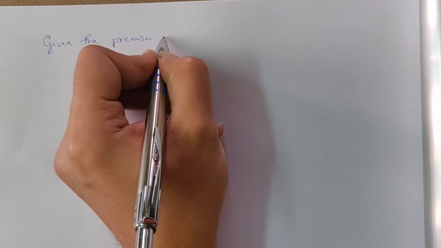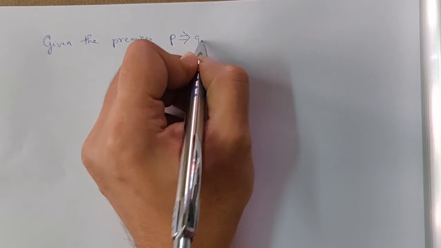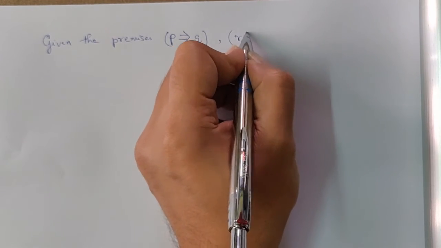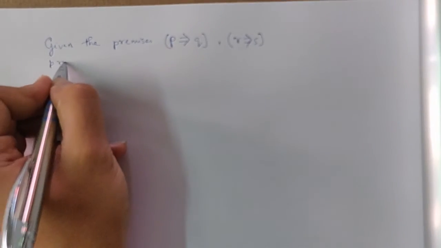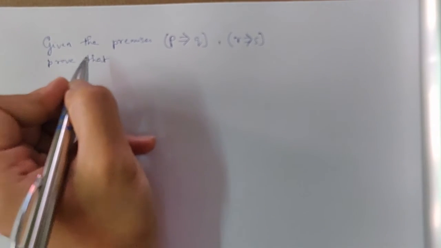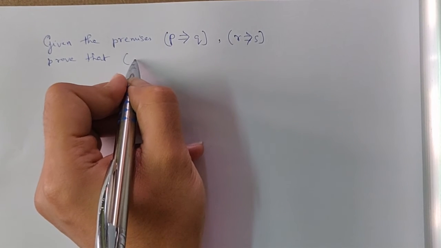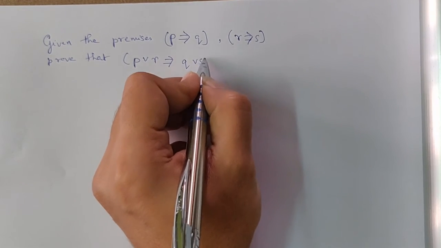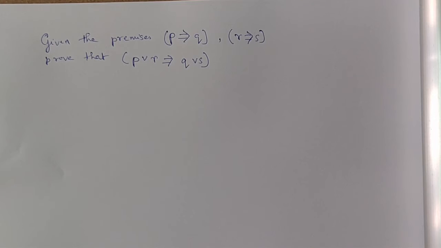The problem is, given the premises P implies Q, and R implies S, prove that P or R implies Q or S. This is the structure of theorems or riders that we had to do in our colleges, right?